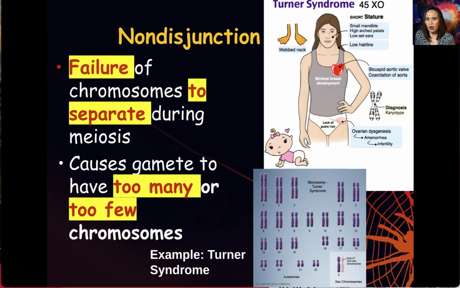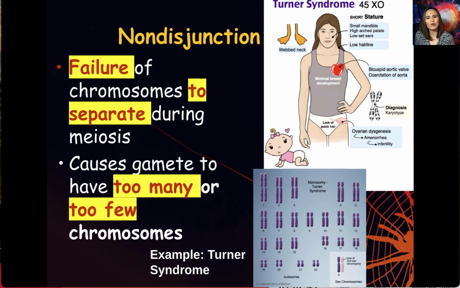Your last pair is your gender chromosome, either XY for males or XX for females. In this particular disorder, this person is missing another X chromosome. So this is a female who is missing a chromosome, and therefore it causes Turner syndrome.